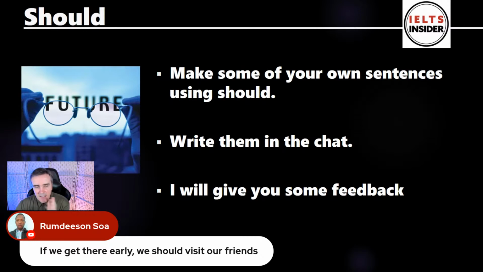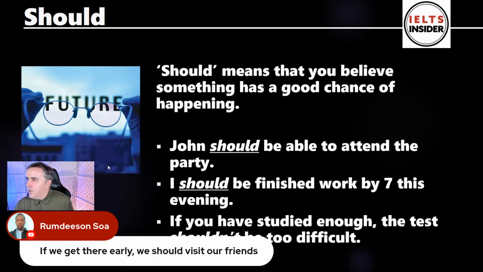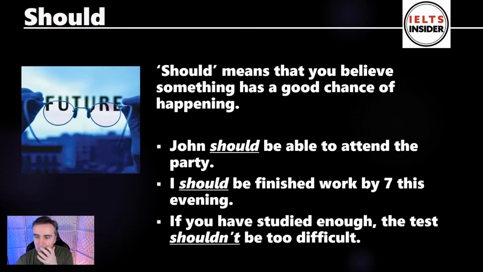So I think these sentences are good, but if we go back and look at how we're using this for the future, we're thinking about things that have a good chance of happening. So a lot of these sentences are using should, and they're using them correctly, but they're not really using them for this purpose, to talk about the chance of something happening in the future.